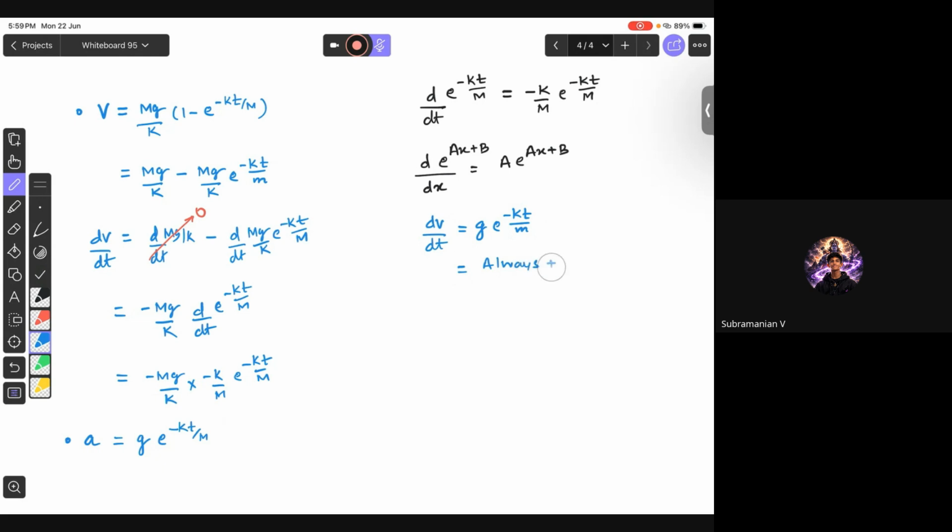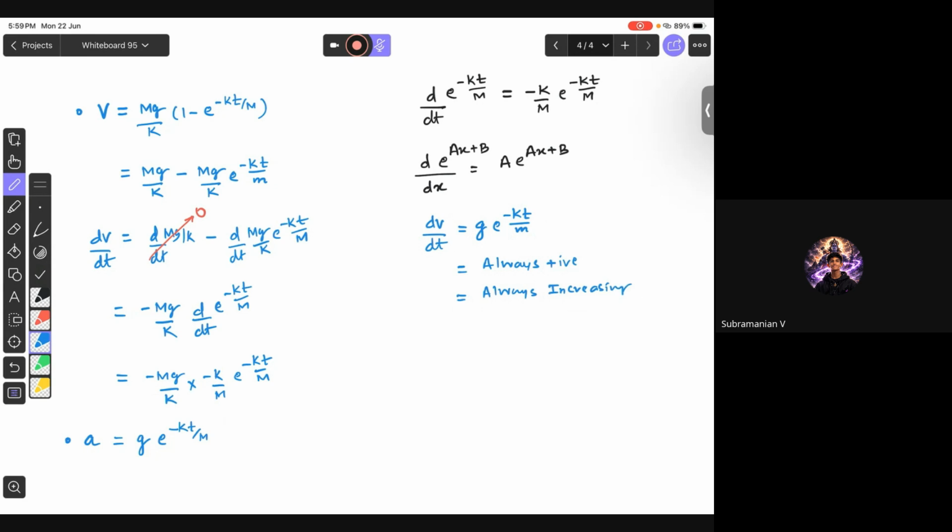Always positive means what kind of function nature will it be? Always increasing, no? So think of v as a function of variable t, whose differentiation is always positive. So it is going to be always increasing.